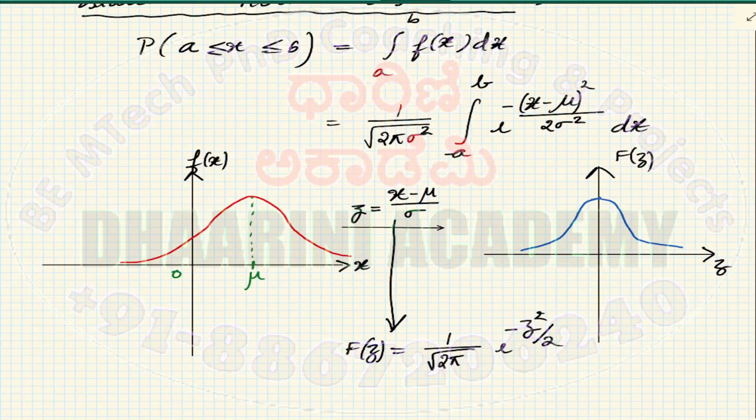Its limits will not change. It still exists from minus infinity to plus infinity, but we change the variable such that the mean is 0 now, at the center, and it will retain the variance part. Sigma square is still retained.